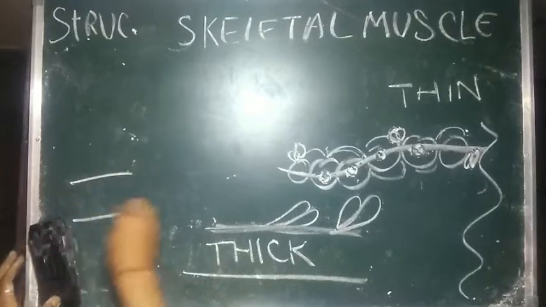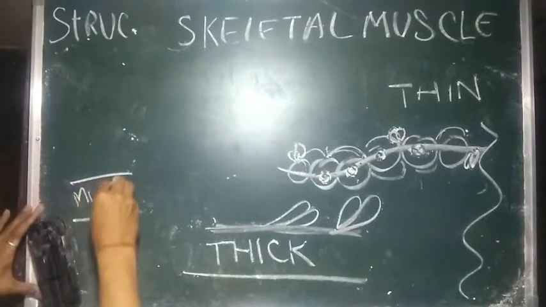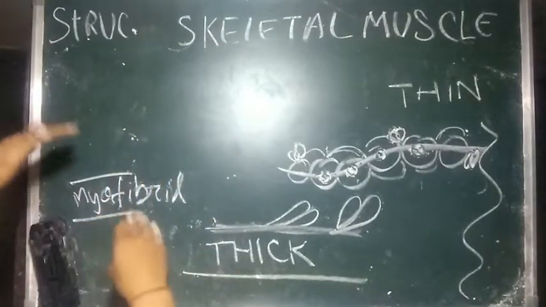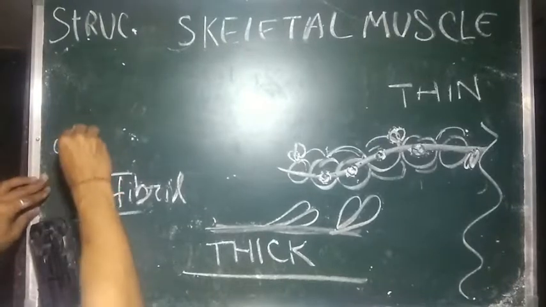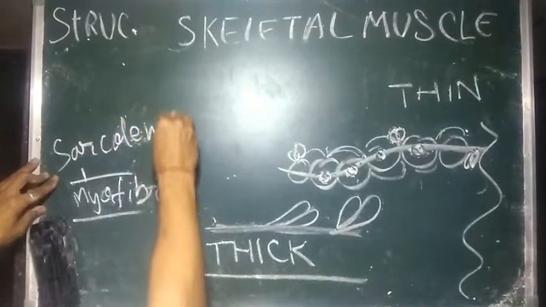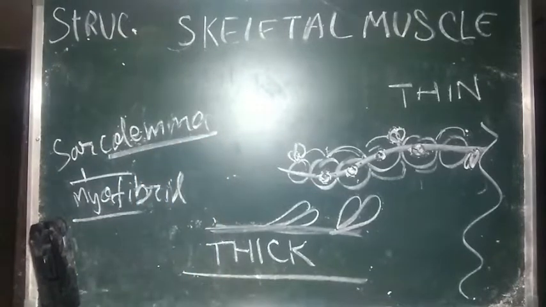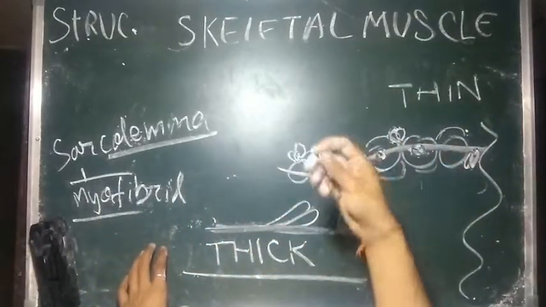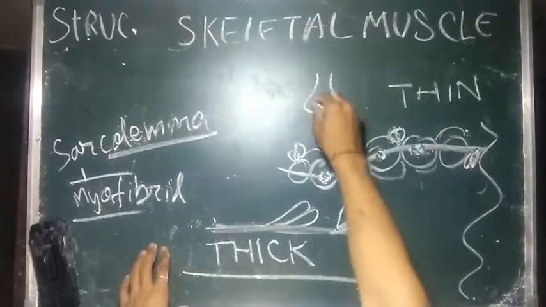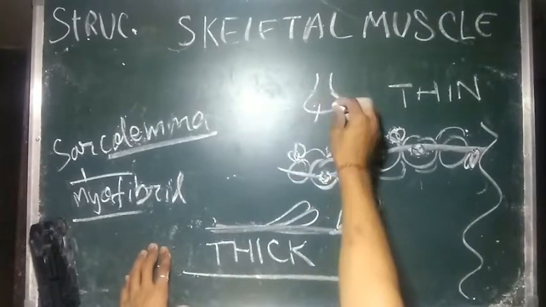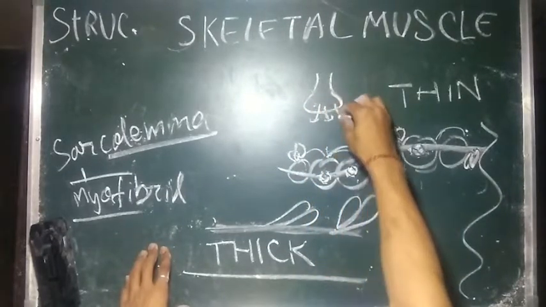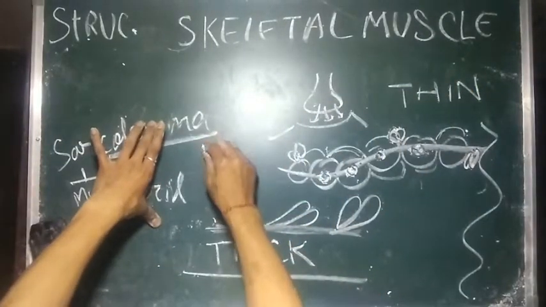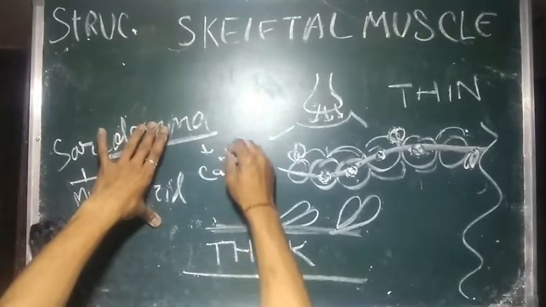Now the covering of a myofibril, the wall of the myofibril, is known as the sarcolemma. Remember? Whenever our muscle gets a stimulus, like our neurons get stimulated from our nerve endings, we get certain chemicals that activate the sarcolemma to secrete calcium ions.